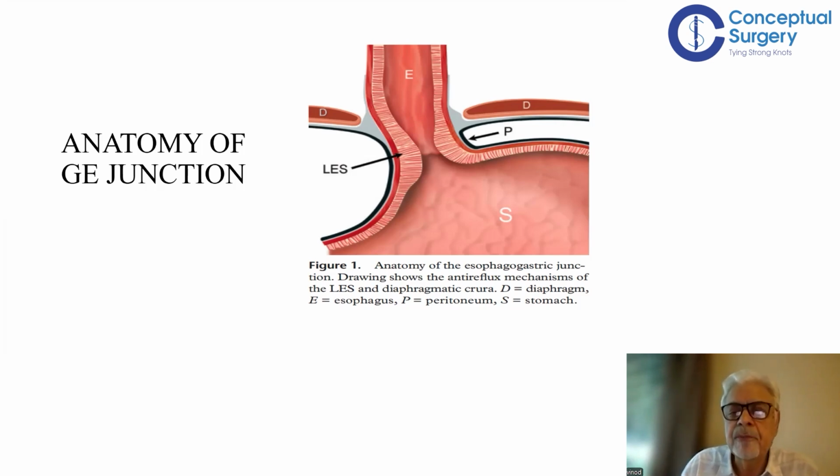So it should remain in the abdomen. It should be about 3 to 5 centimeter length in the abdomen, and creation of a sphincter which will be about 2.5 centimeter. Anything more can be detrimental, anything less can also be detrimental, as we will discuss as we move along.